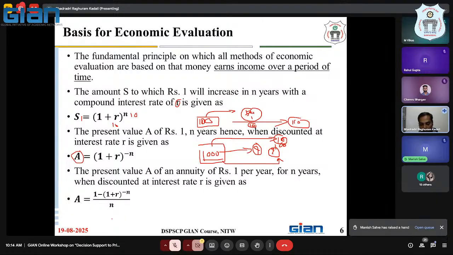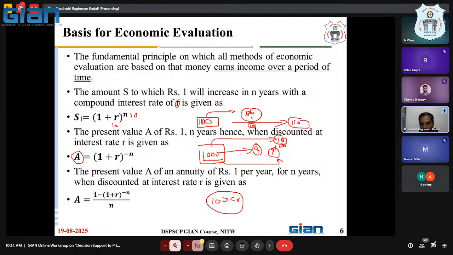Because it is important: our project cost is worth 100 crores, we need to understand that if you are investing 100 crores, what is the value of this 100 crores at 50 years, corresponding to getting the maximum benefit, some x amount, what you are to invest now and at what rate.